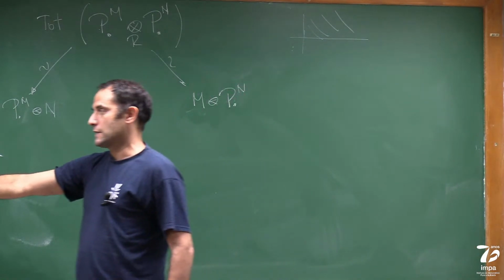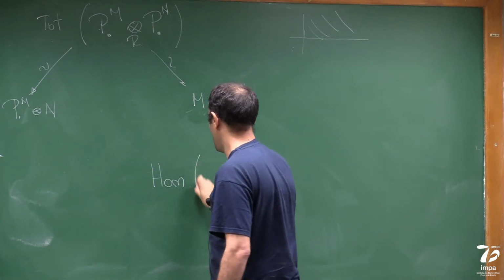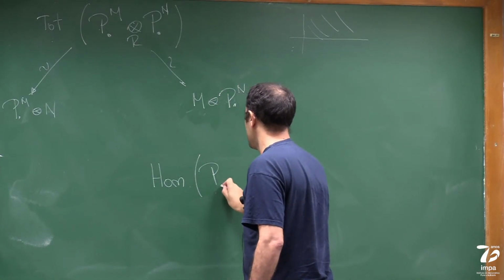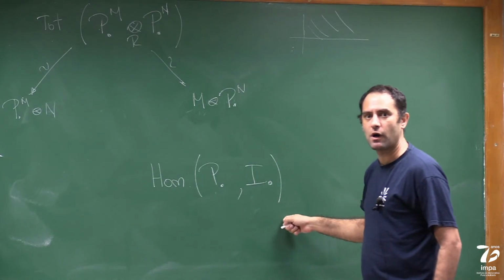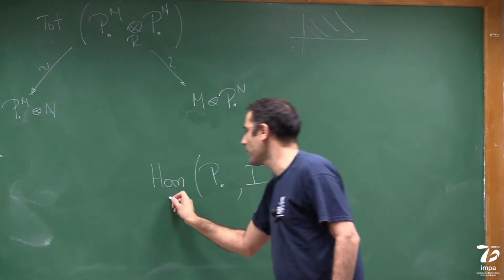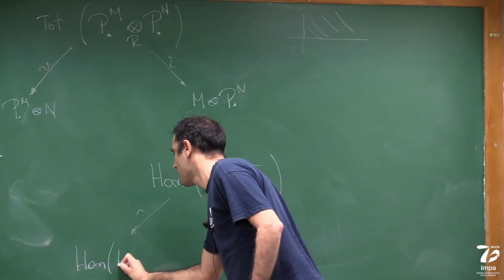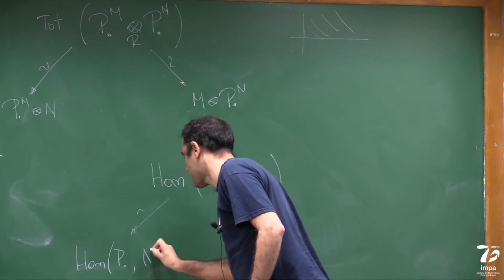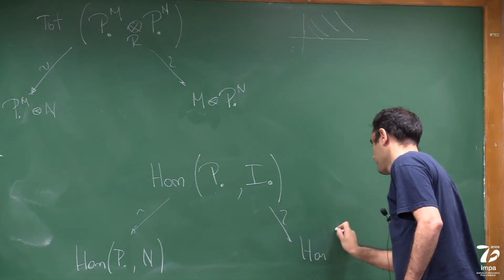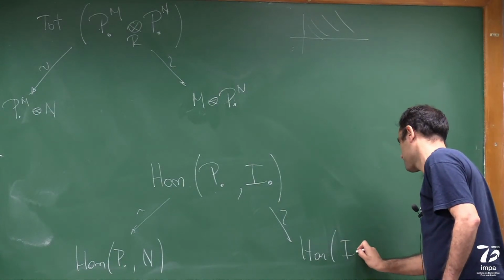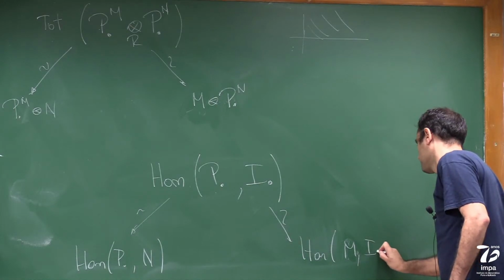Same thing happens for this. If I look at Hom from P dot, I dot, this is a double complex. And this double complex maps into Hom P dot, N, and maps to Hom M, I dot.